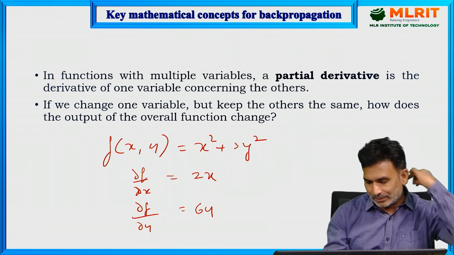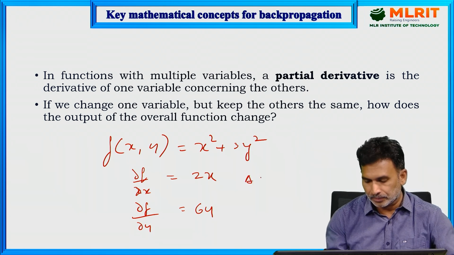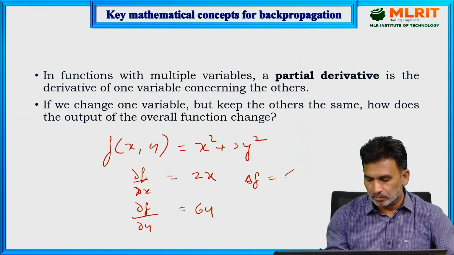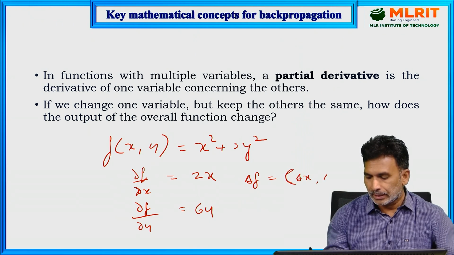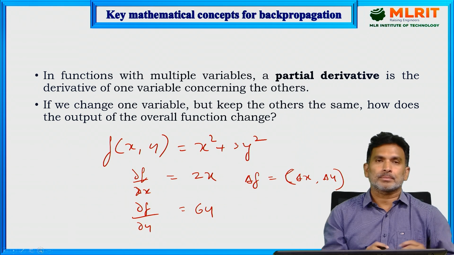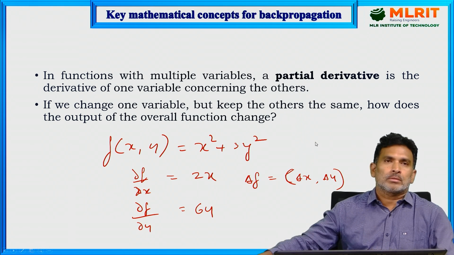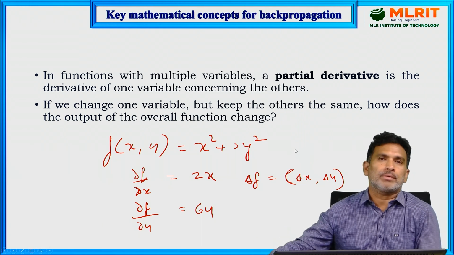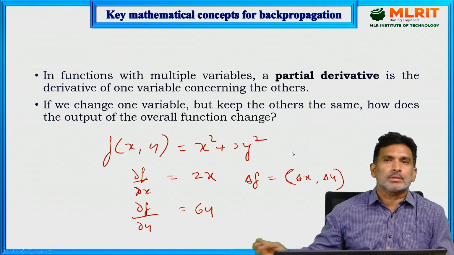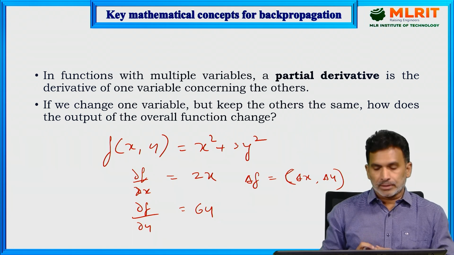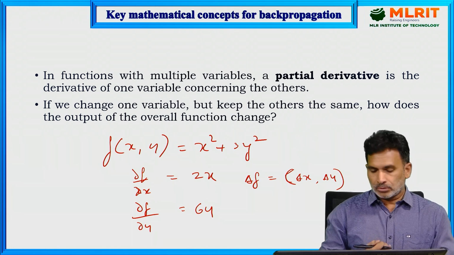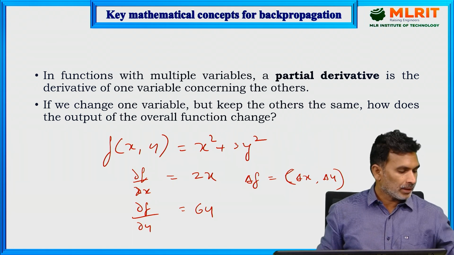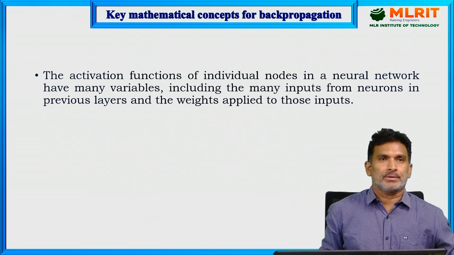So these are the derivatives, that is delta x and delta y. So if we change one variable but keep the others the same, how does the output of the overall function change? This is all we need to understand with these derivatives.